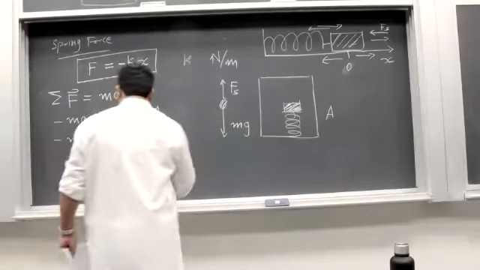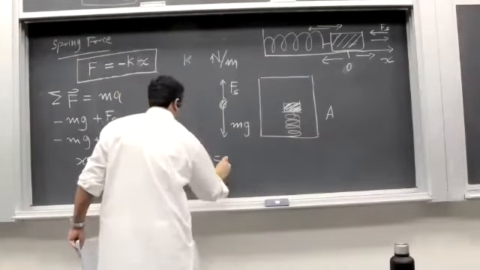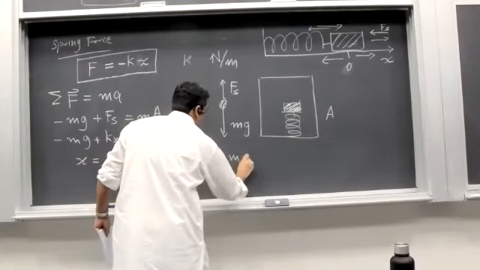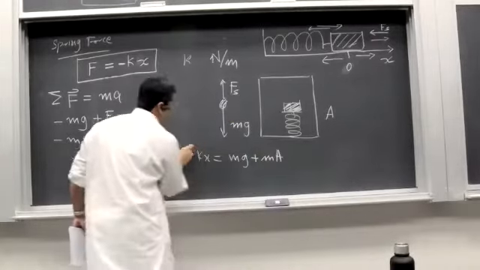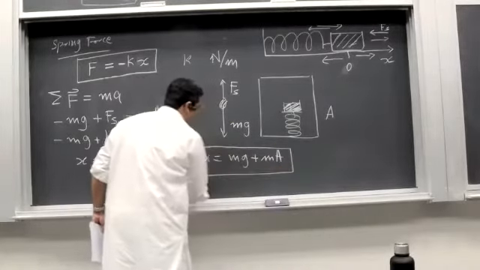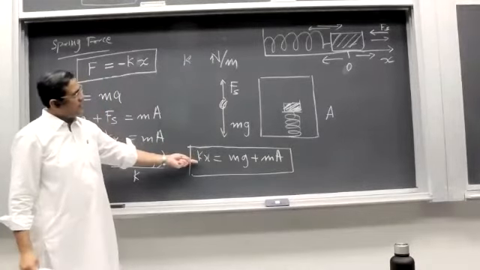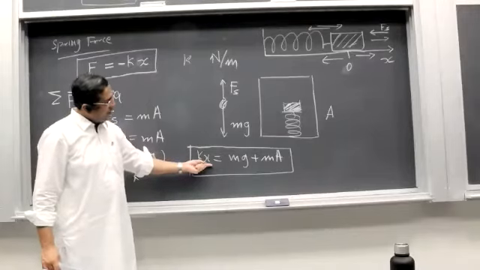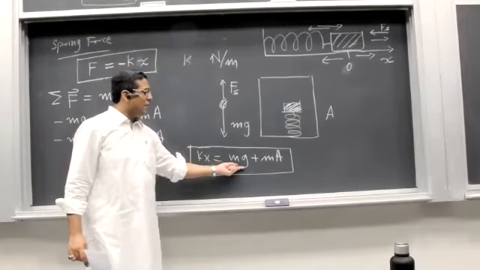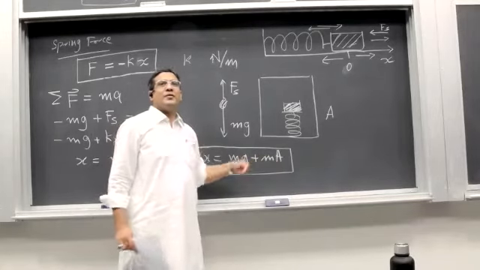What I want to convey here is that kx is equal to mg plus ma, exactly like the normal force equation. The spring force, which is trying to restore its position, not only has to support the weight, but also provide the extra push to counter the acceleration.